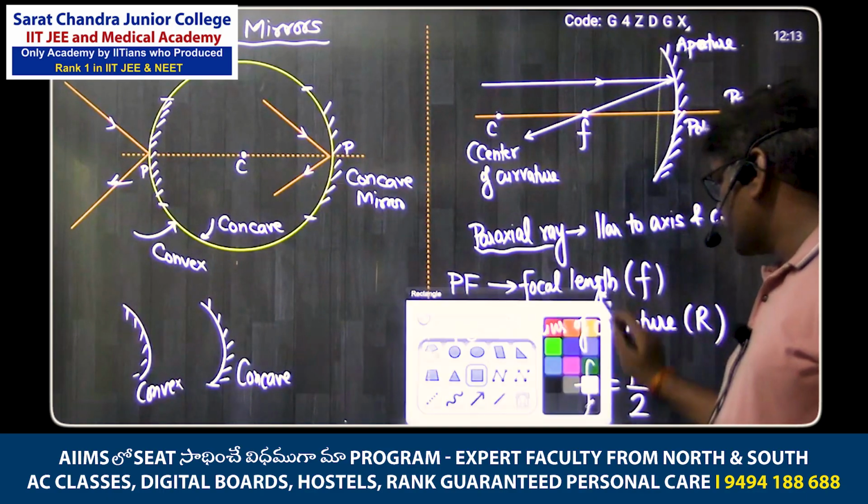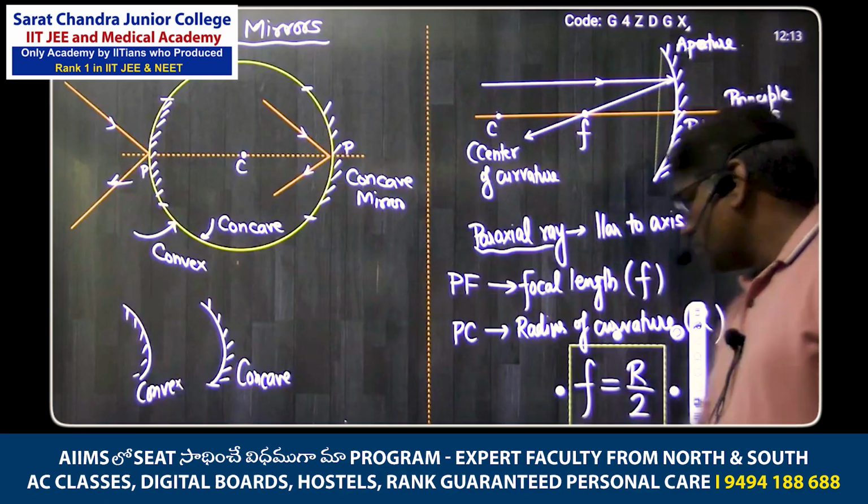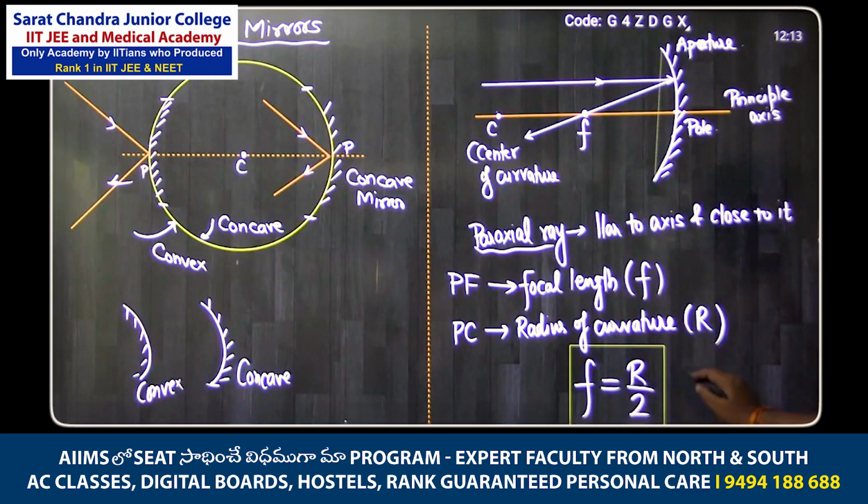This F equals R by 2 holds only for paraxial rays, not for all the rays.